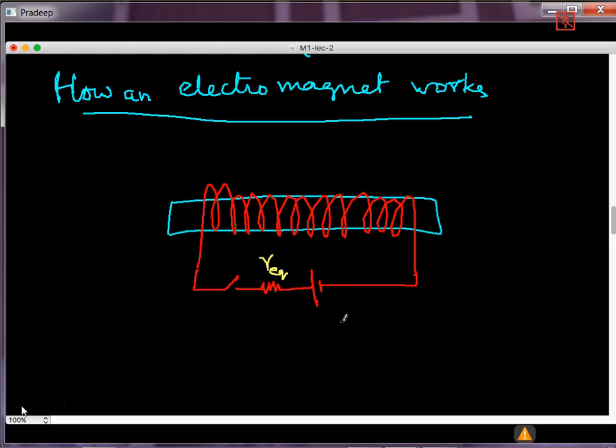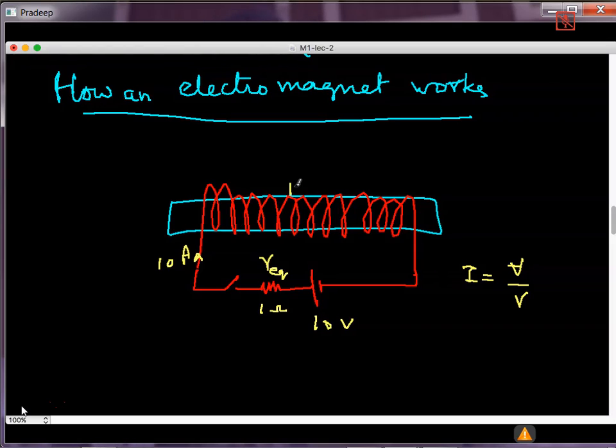Under DC conditions, when I close the switch, let's say this is 10 volts and this is 1 ohm. Initially when I close the switch, there will be some inductance effect and the current will gradually rise. But under steady state conditions, the current is nothing but V by R, so 10 amperes is flowing in the turns.